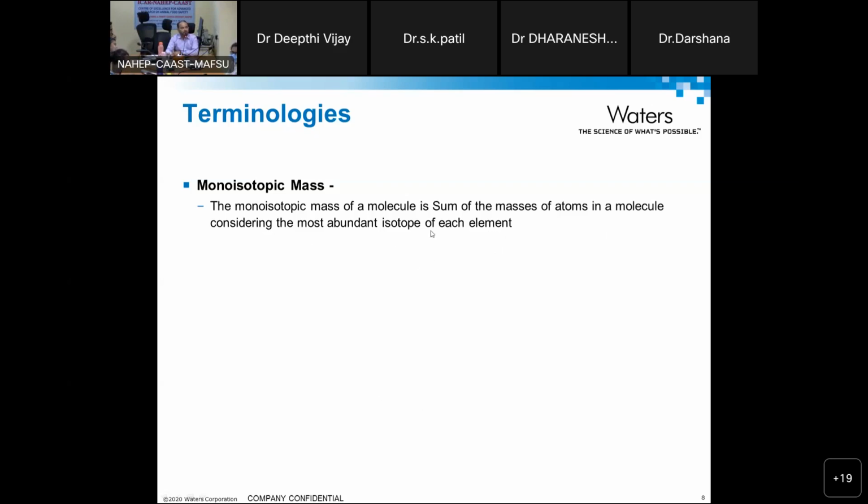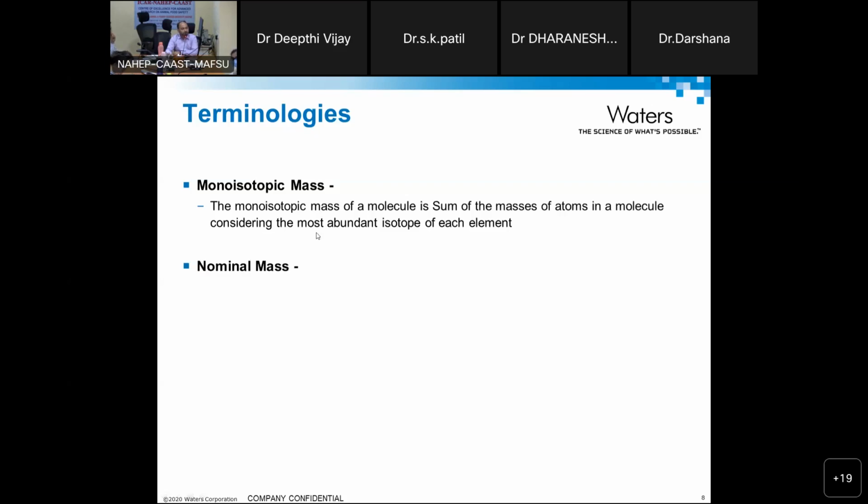So out of which carbon 12 is highly abundant. It is highly abundant in nature. So while calculating monoisotopic mass, you have to consider carbon 12 and not carbon 13. Similarly, hydrogen has two isotopes, hydrogen 1 and hydrogen 2, out of which hydrogen 1 is highly abundant, correct? So for calculating monoisotopic mass, you have to consider hydrogen 1. Okay.